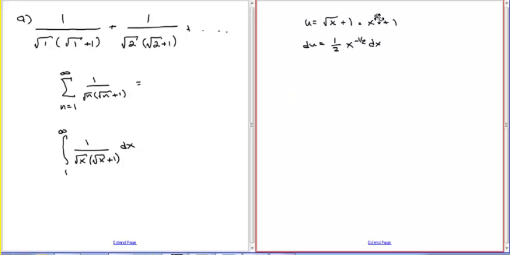You reduce the exponent by 1. And so we can rewrite that as 1 over 2 square root of x dx. So what we have is 1 over the square root of x dx. So I need to multiply by 2 to get that particular substitution.